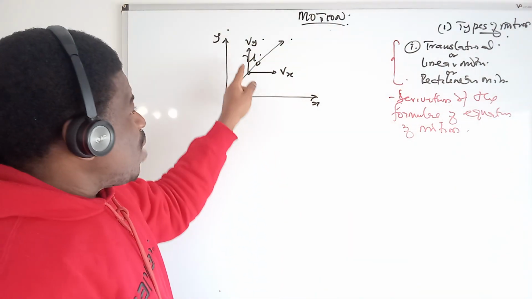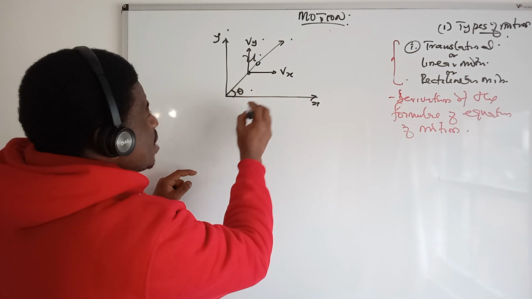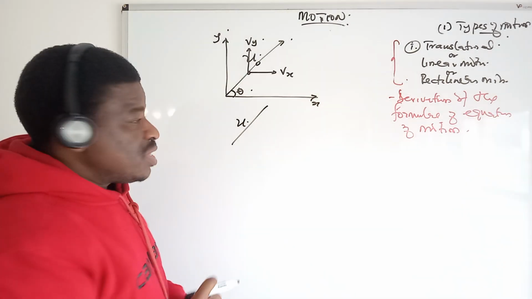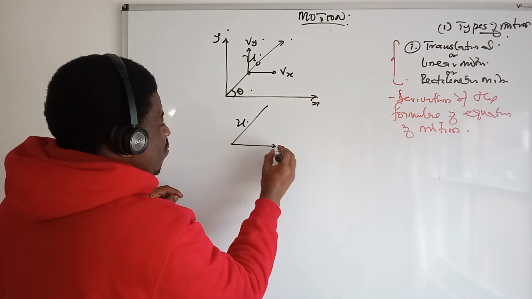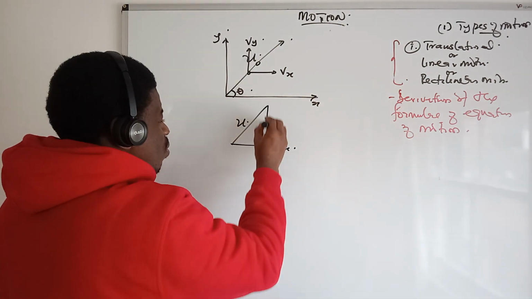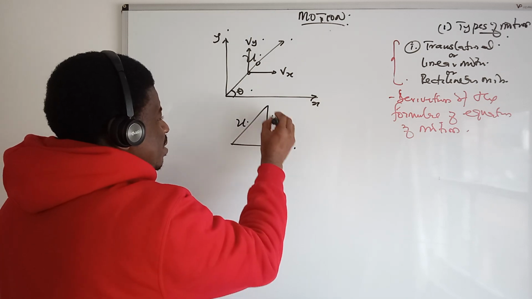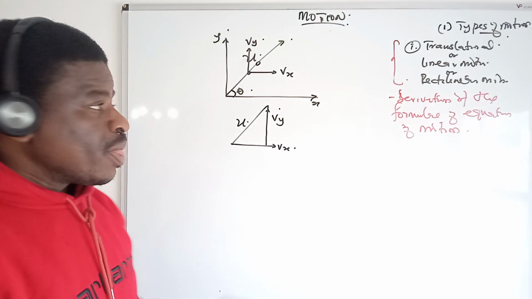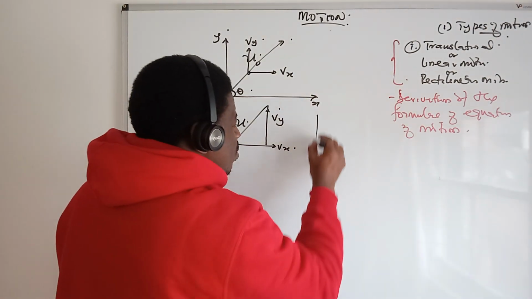So if we resolve this, look at it, we have your initial velocity u, your Vx, and your Vy, which is also taking it vertically. Look at it.